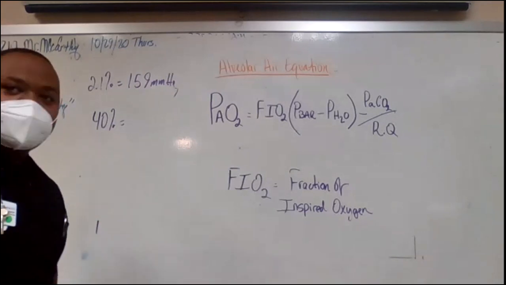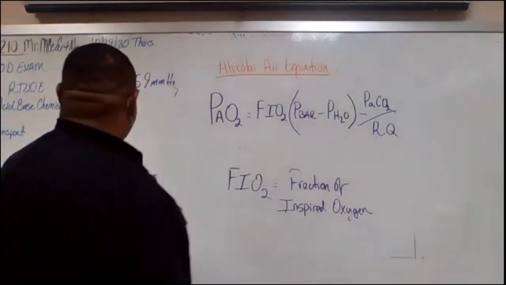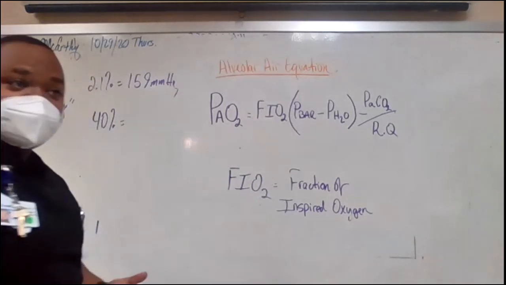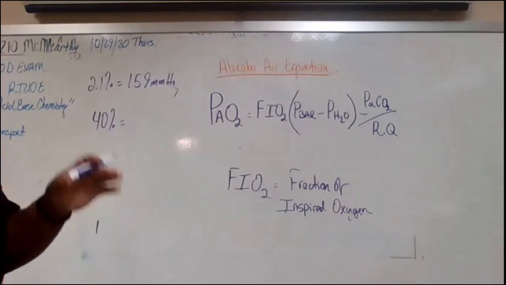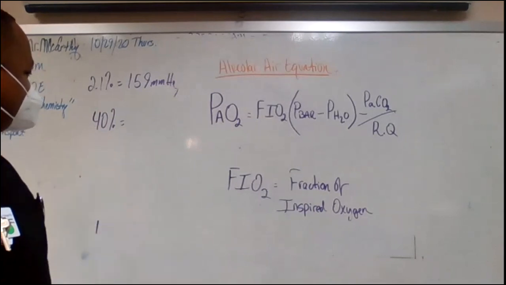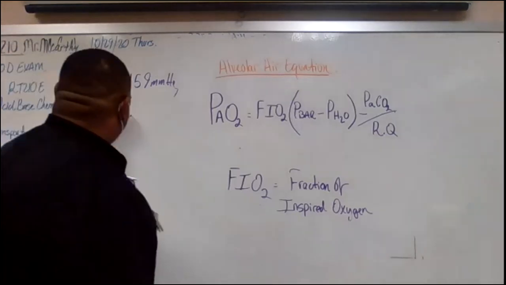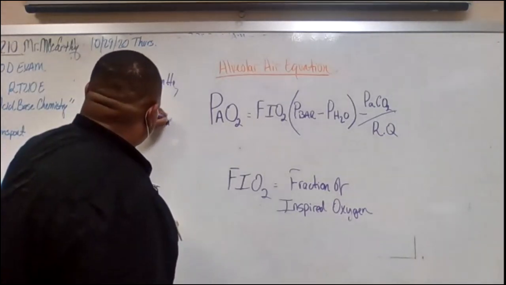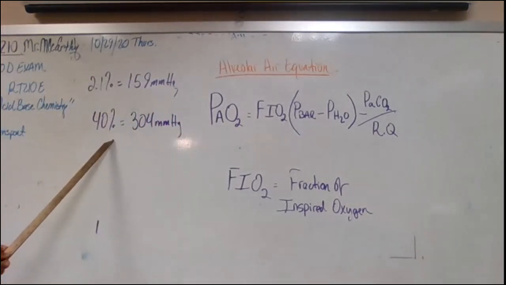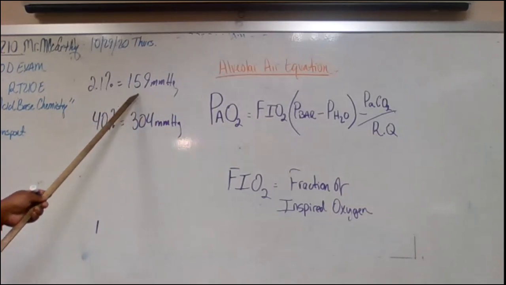Remember, to find that you do 0.40 times 760, just like 0.21 times 760 gave us 159 for room air. So it's 304 millimeters of mercury. That's a big difference. If I got them on some oxygen, the pressure of that oxygen in the body is 304 millimeters of mercury instead of 159.